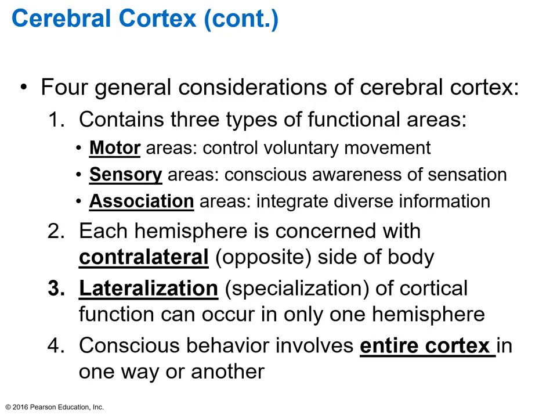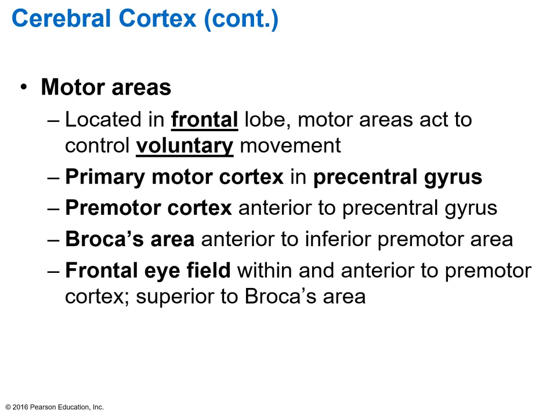Conscious behavior is going to involve the entire cortex in some way or another, spread out. The motor areas tend to be located in the frontal lobe. So if there was injury and damage done to the frontal lobe, that's going to affect your ability to respond to stimuli then.